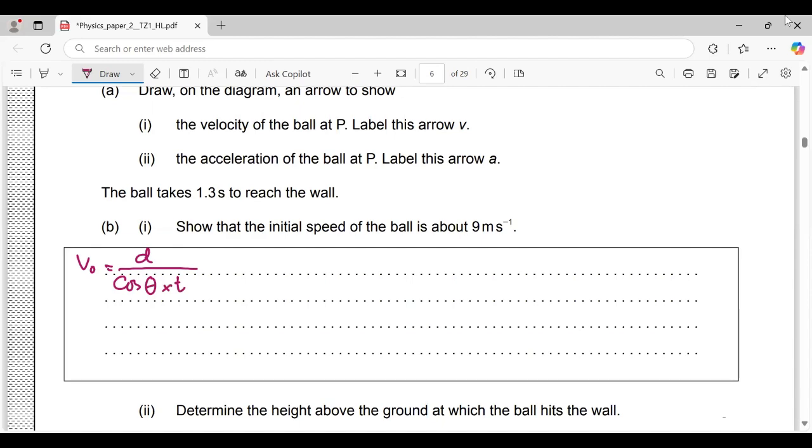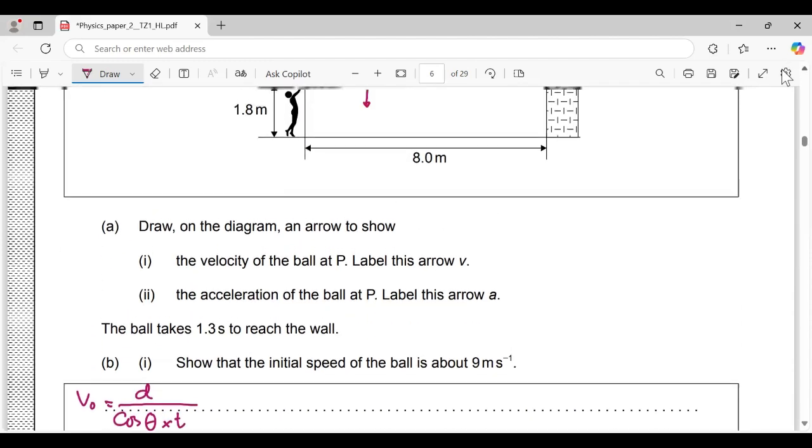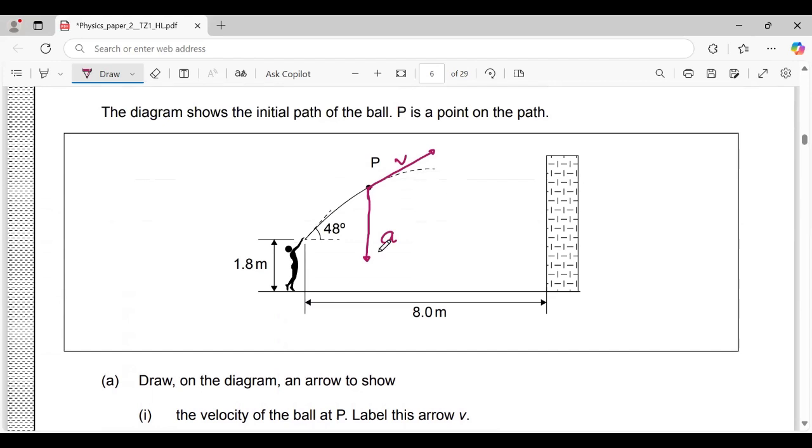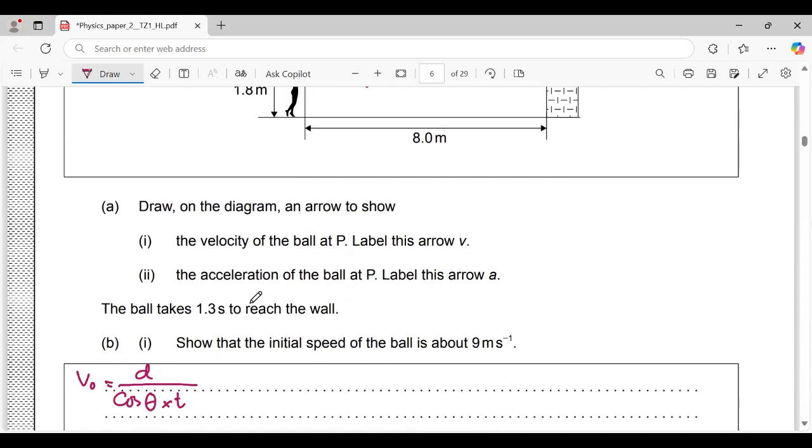Okay. According to this diagram, the distance is 8 meters, theta is 48, and time is 1.3.